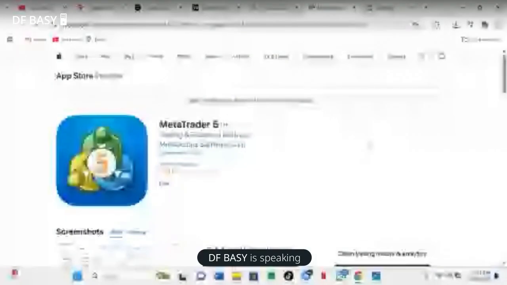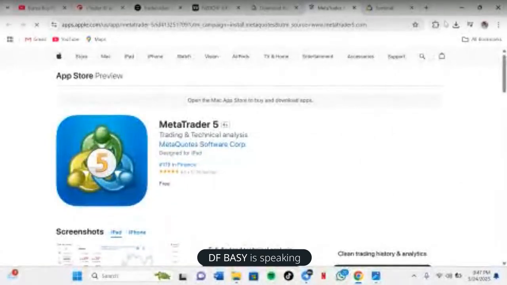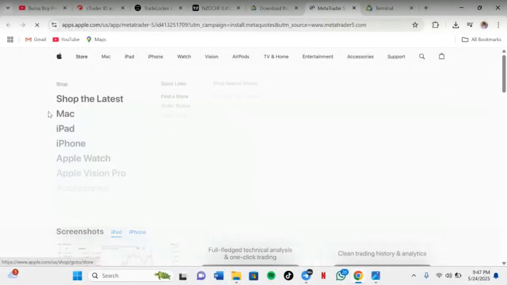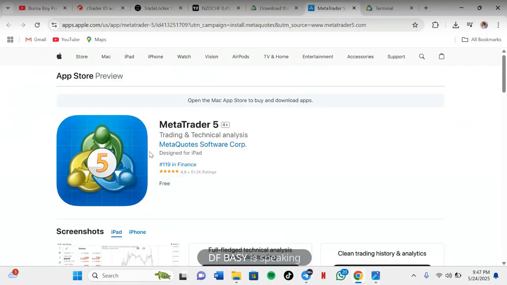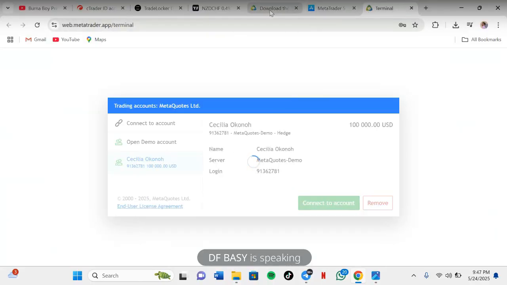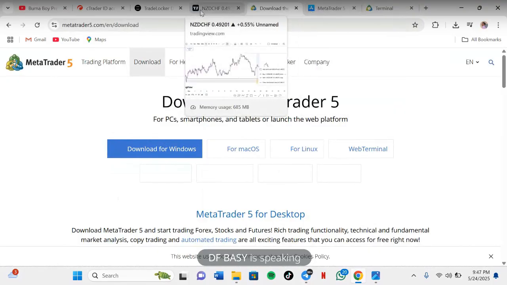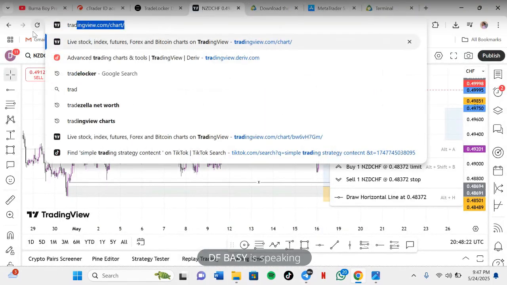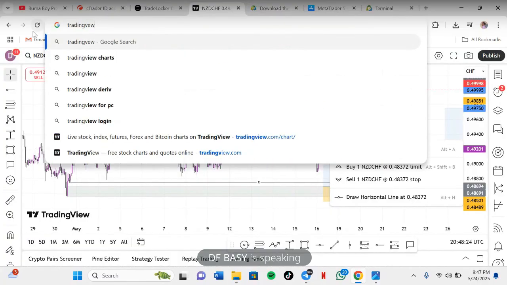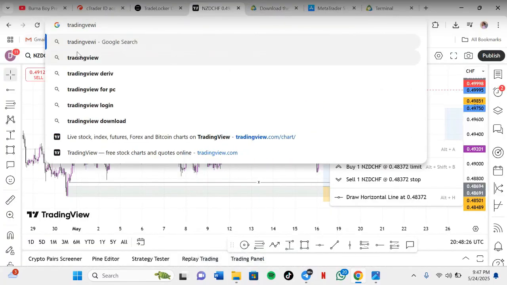Nevertheless, this is the Meta 5 app, so you can check it out.